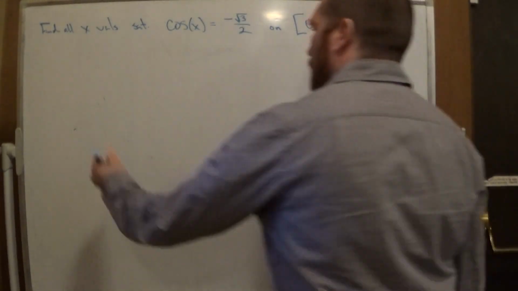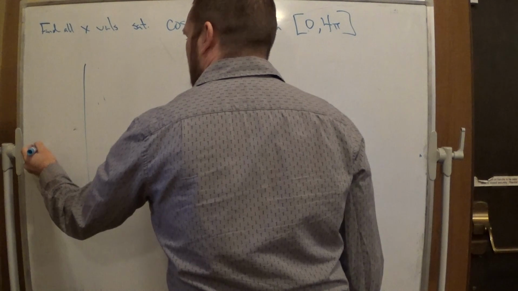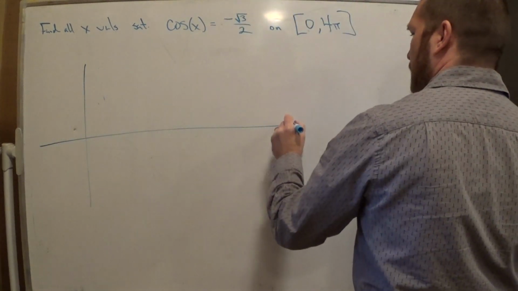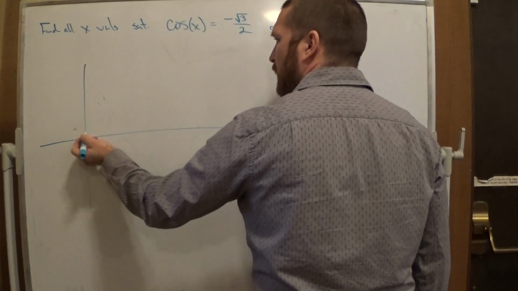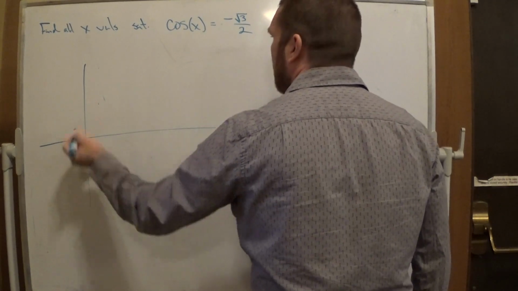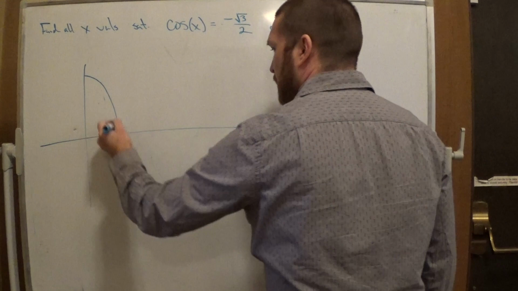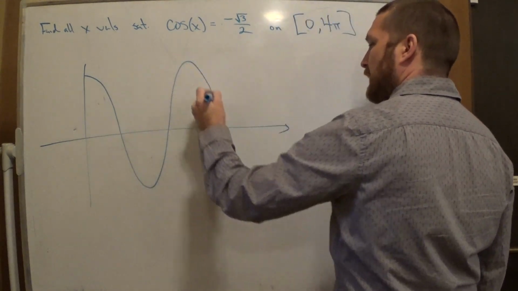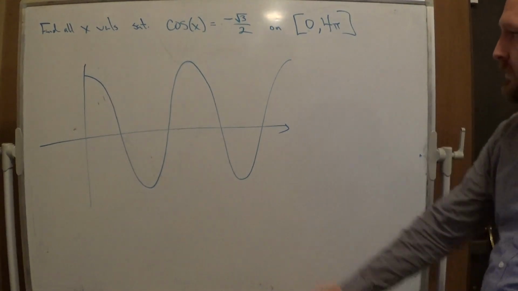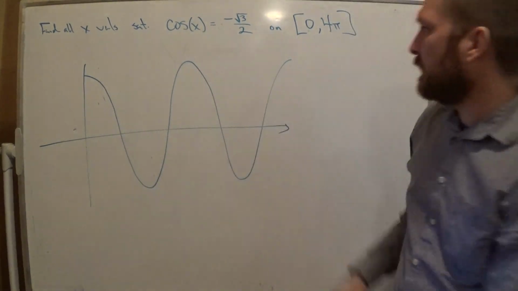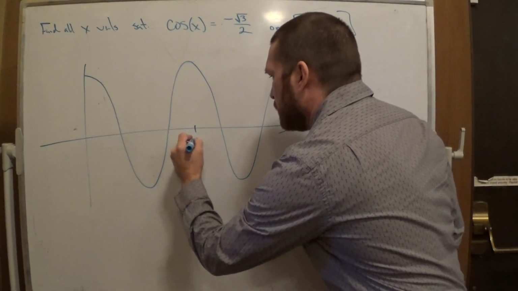Draw cosine. And I know I don't need to worry about it when it's negative, so I'm just going to do it over here. Cosine starts where? Down here? At 1. It starts at positive 1. Comes down, comes up. I didn't draw it big enough. Okay. That's 2 full periods, and I could see because that's 1 full period, so that's 2 pi.